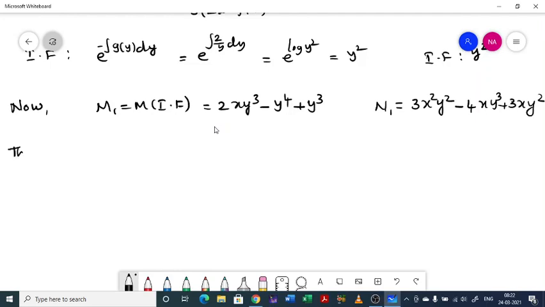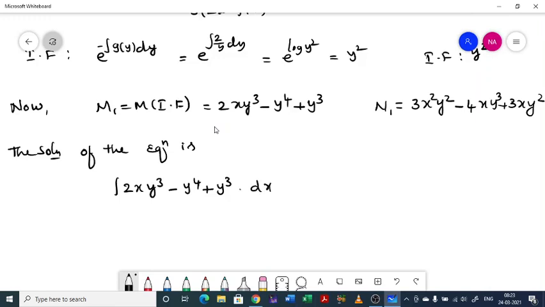The solution of the equation is integral M1 into dx, that is integral of 2xy cube minus y power 4 plus y cube into dx, plus integral, here each term is containing x, so N1 free of x is 0.